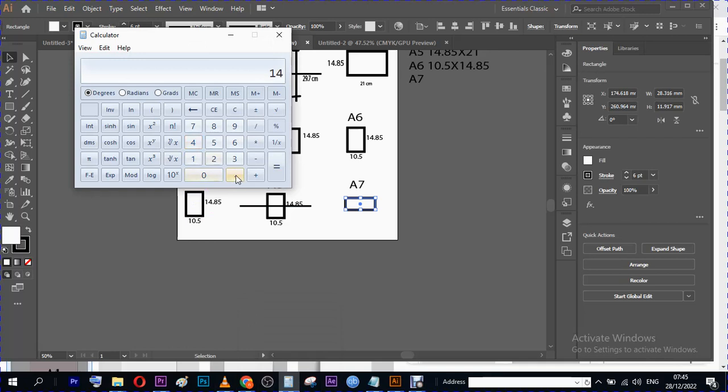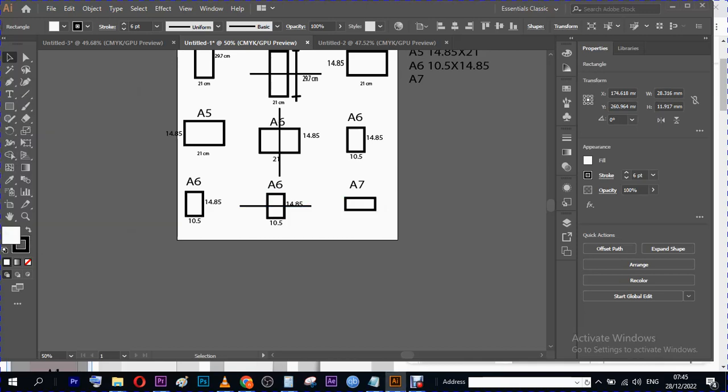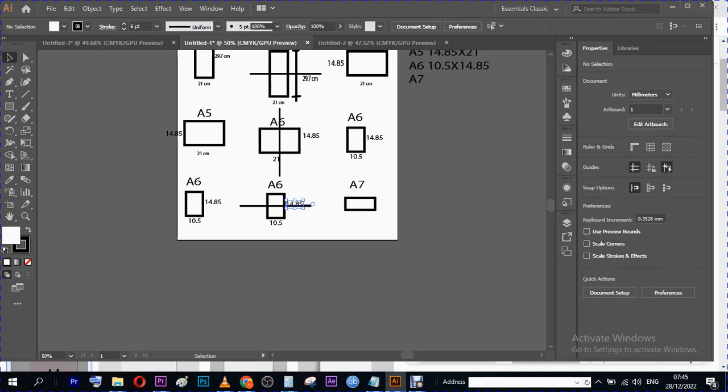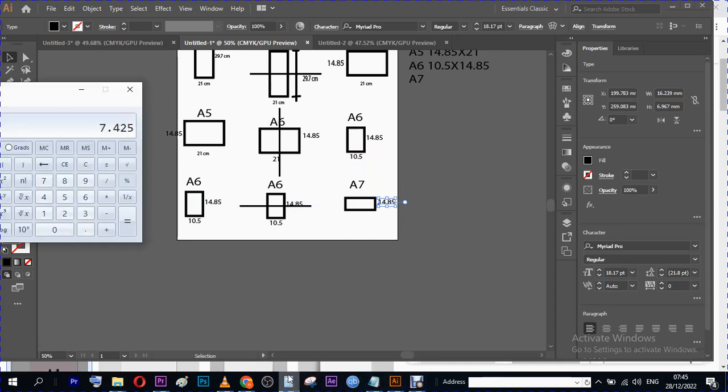So if we divide 14.85 by 2, it forms 7.425.